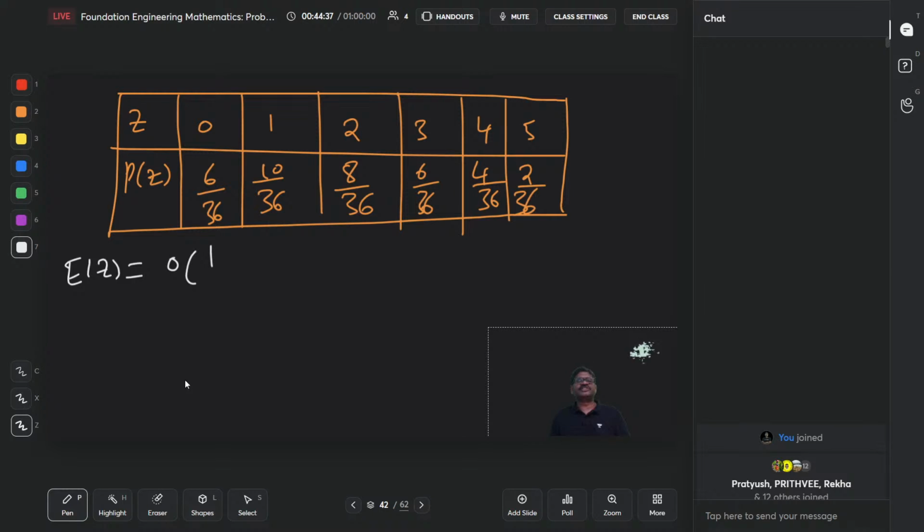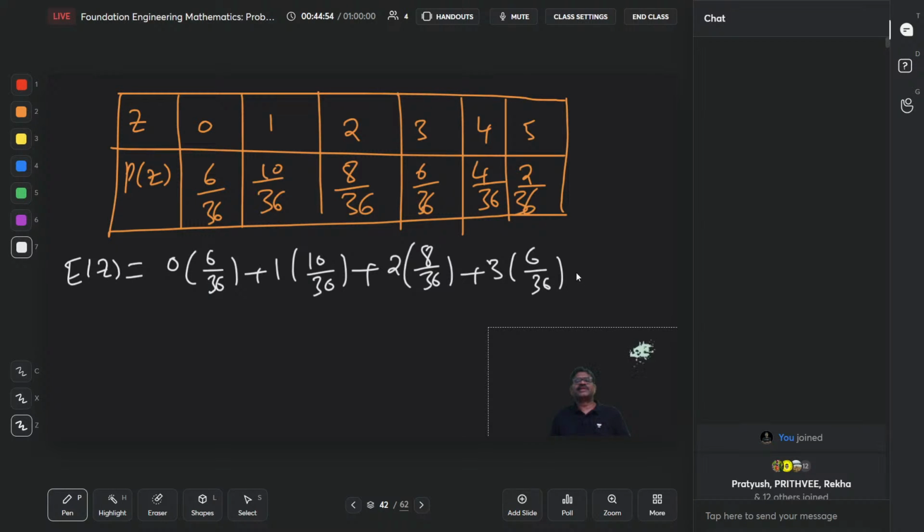0 into 6 by 36, 1 into 10 by 36, 2 into 8 by 36, 3 into 6 by 36, 4 into 4 by 36, 5 into 2 by 36.